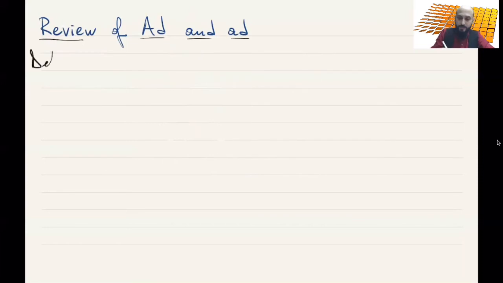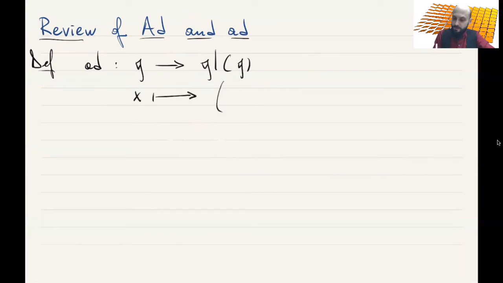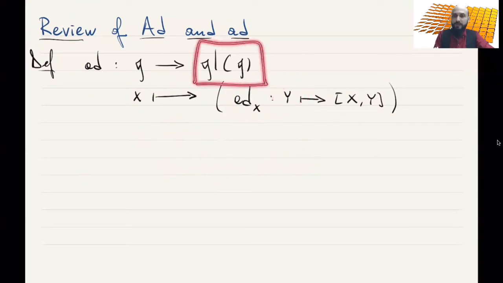So little ad, from the Lie algebra g to g, is the map that to every x associates what we called ad x, which is the map that to any y associates the bracket [x, y]. See that each of these maps goes from g to g, so we can see it as an endomorphism of g.